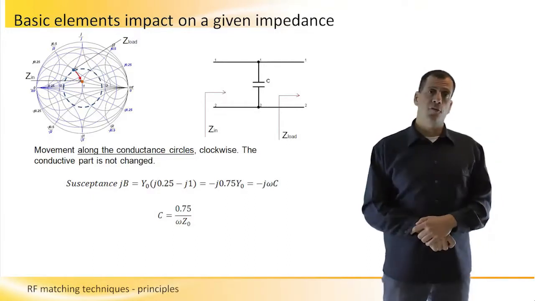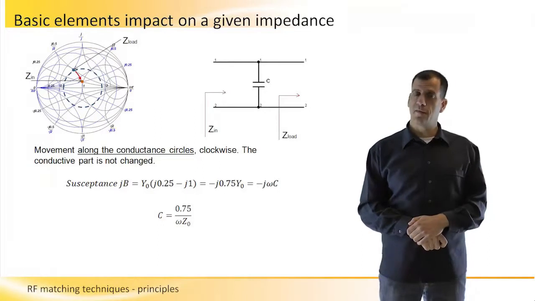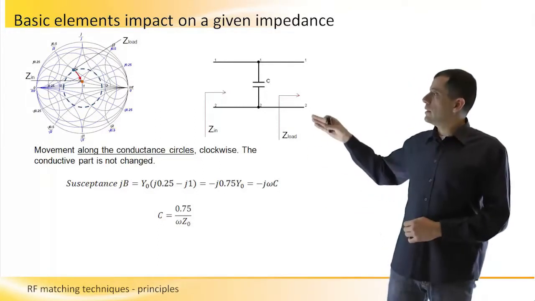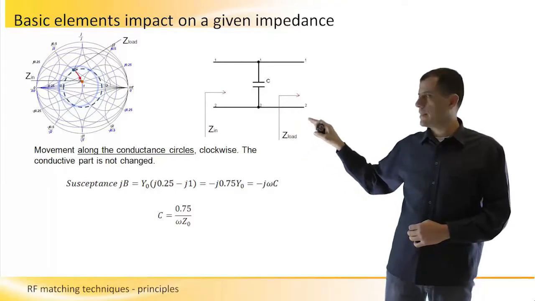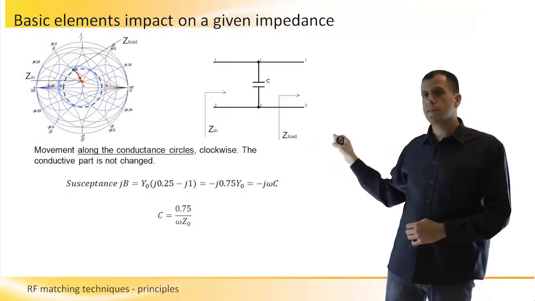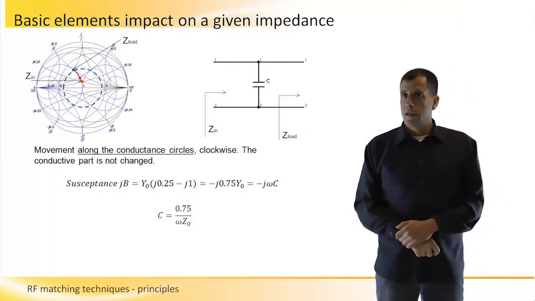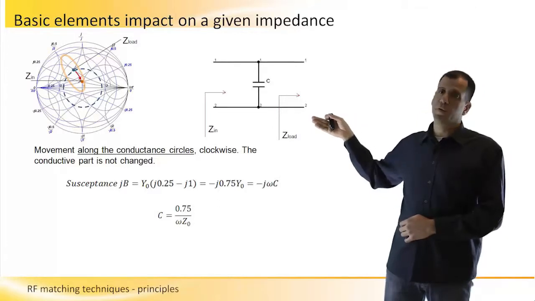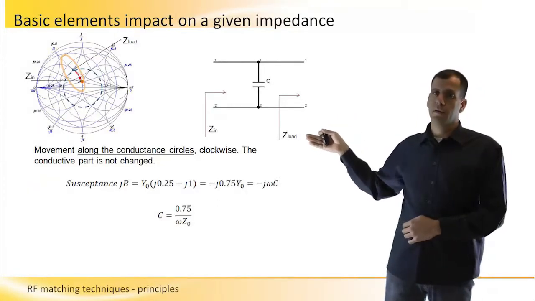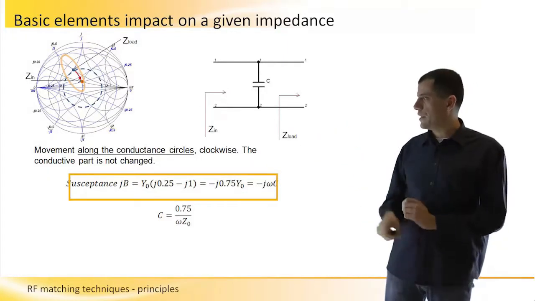Since it influences the susceptance, in difference from the inductor that we have discussed before, the movement along the conductance line that remains the same will be clockwise rather than counterclockwise as we have seen before. In this case, the change from the start point to the end point is J0.75, as you can see here.